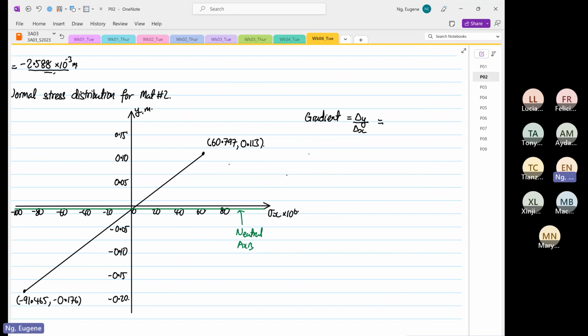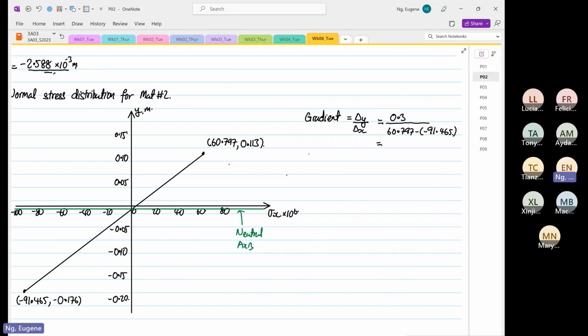The change in y is 0.3, and the change in x is 60.797 minus minus 91.465.